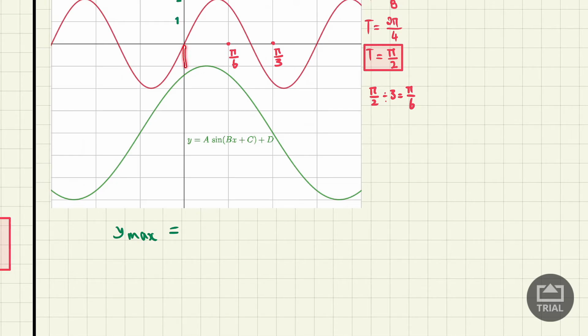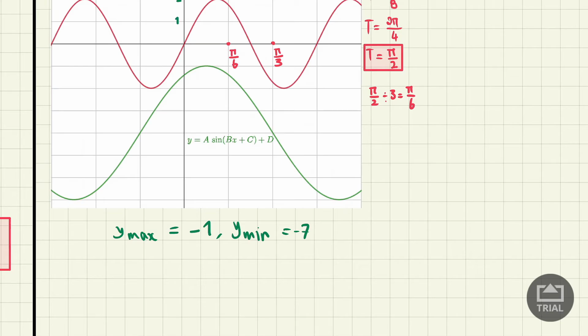So this is 1 unit, but down. So y max is how much? Minus 1. What is y min? Y min is this value. 1, 2, 3, 4, 5, 6, 7. It's minus 7. Understandable? So y min is minus 7.